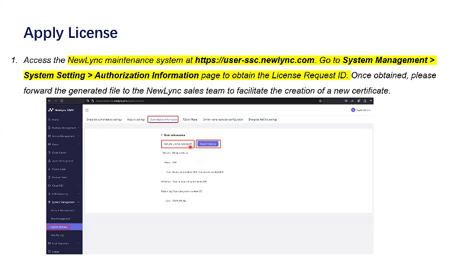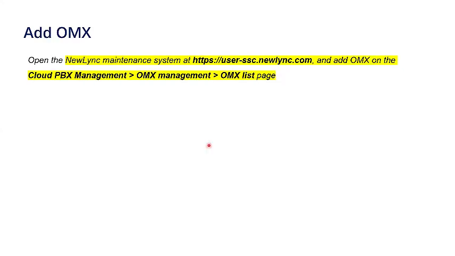Then acquire the license request ID. Once you obtain the license request ID, you have to give this to our sales team to facilitate the creation of the new certificate. Once you have the new certificate, you can simply import the license here. Click this one and you can import the new license given by our sales team. So that's how to apply the license.